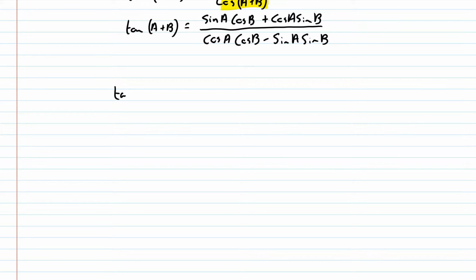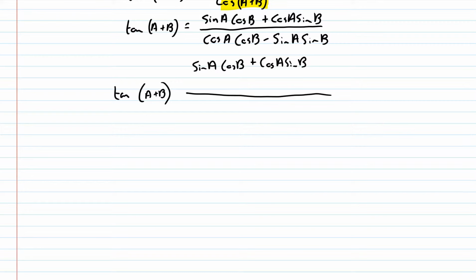So I have tan(A + B). This time I'm going to write the sine A cos B just a little bit up from the line. You'll see why in a second. Cos A sine B. And I'll write this one here: cos A cos B minus sine A sine B.